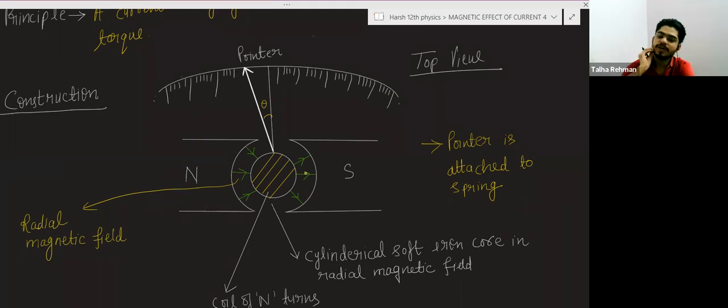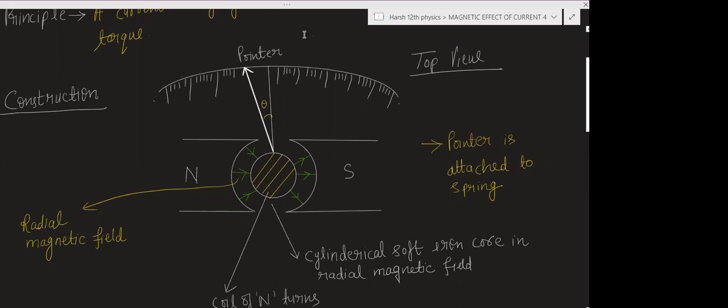Radial magnetic field is basically a magnetic field like this. This is your coil, and this is the magnetic moment. When the coil rotates, the direction of the magnetic moment will also change. But what we want is that the magnetic field and the magnetic moment should be in the same direction. For that, there is a requirement of the radial magnetic field.